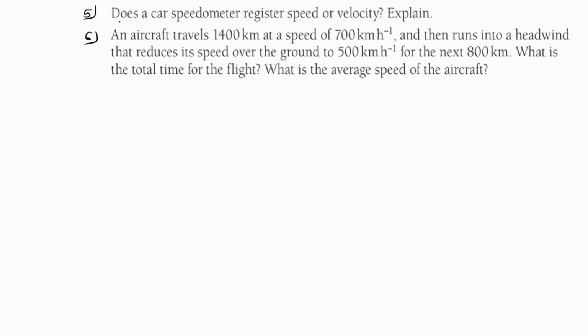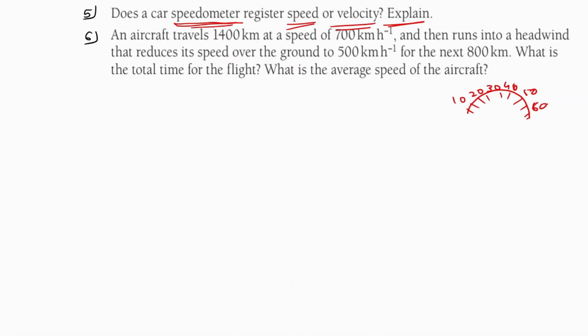Question number five says, does a car speedometer register speed or velocity? Explain. So, you have traveled in a car or a motorcycle, you see the speedometer, and they mention here the speeds of 10, 20, 30, 40, 50, 60.